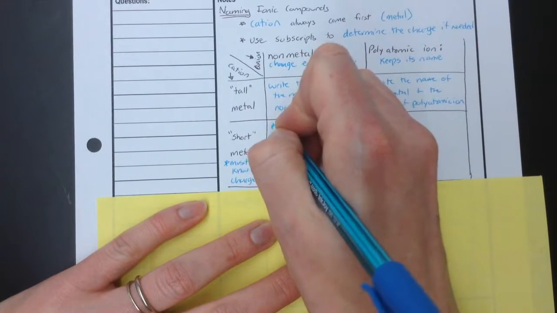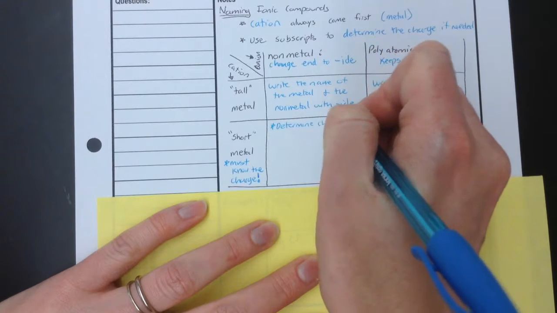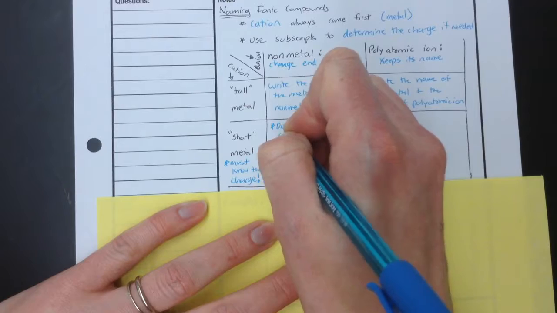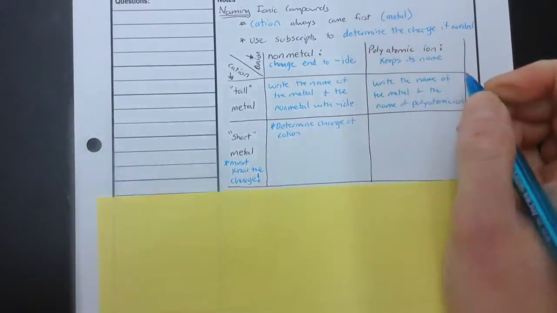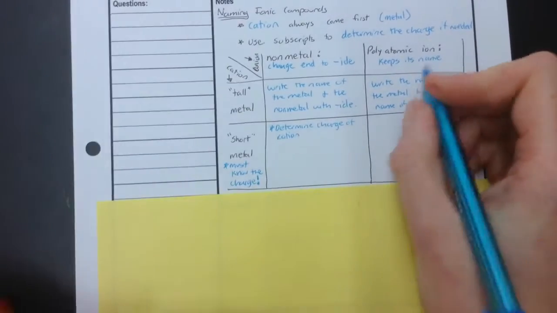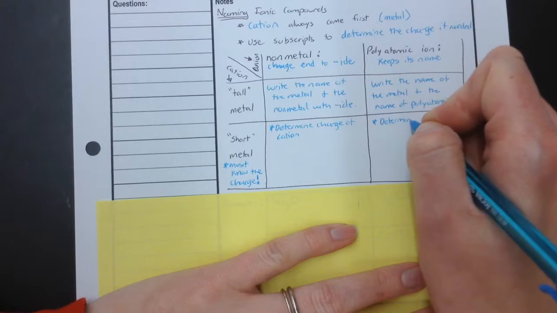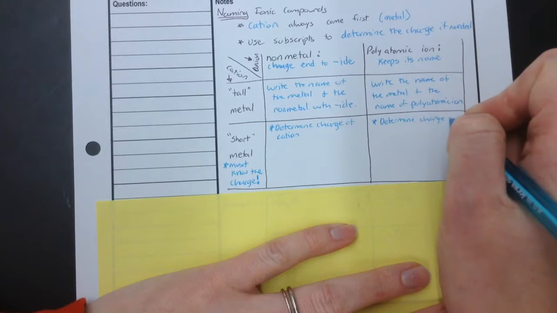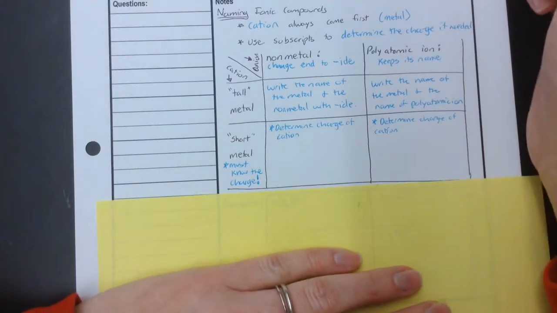So first we have to determine the charge of the cation. The anion we'll know because they don't change. The polyatomic ions, they don't change either, but we do need to determine the charge of the cation. That's the charge of the transition metal, the short metal, okay?